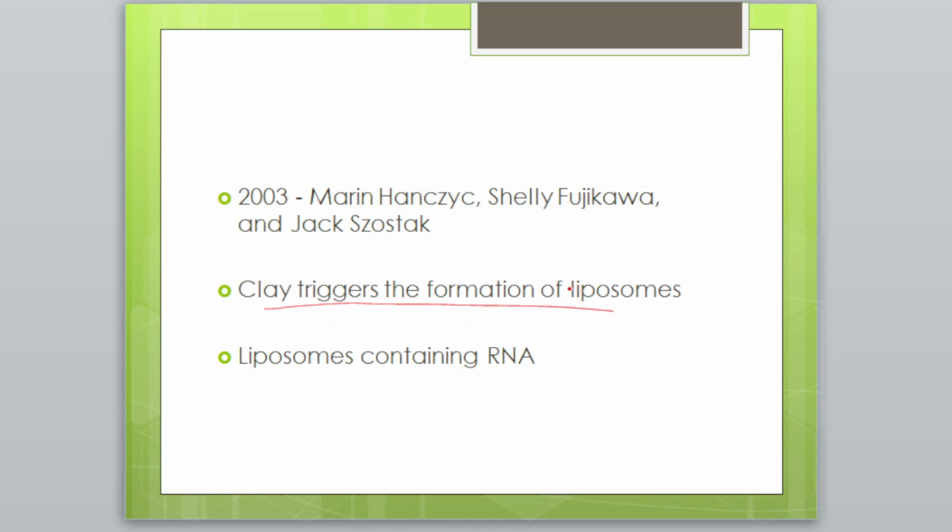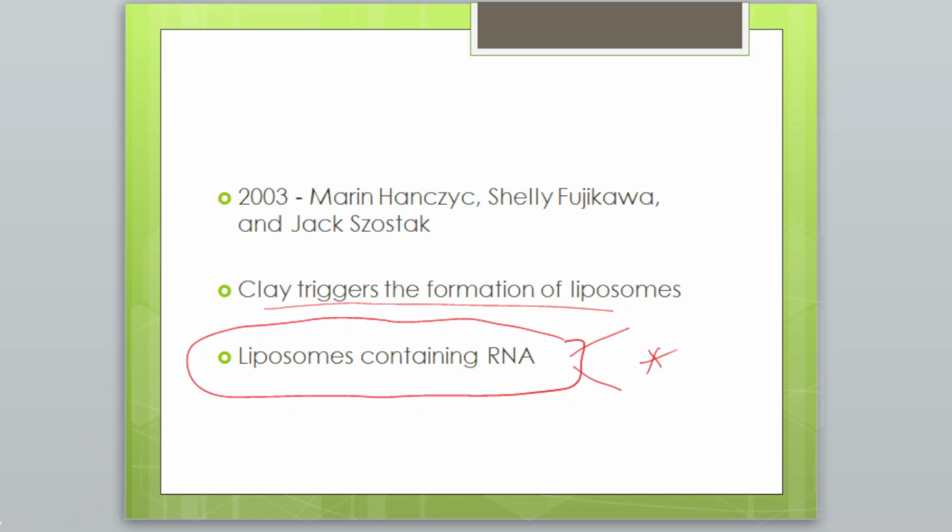Together with the data on ribozymes, these data suggest that early cells may have been liposomes containing RNA molecules. Clear?